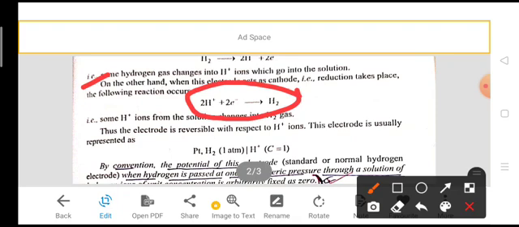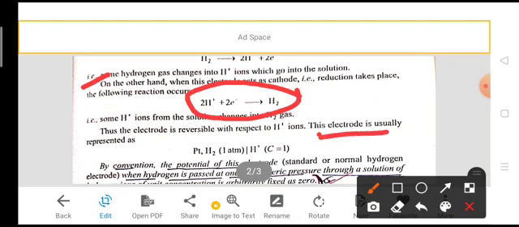So when the electrode acts as cathode, reduction takes place and H plus ions are converted to hydrogen gas. That is, in the solution, the H plus ion concentration decreases. If the H plus ion concentration decreases in the solution of HCl, then the electrode acts as cathode. Thus, the electrode is reversible with respect to the H plus ions.